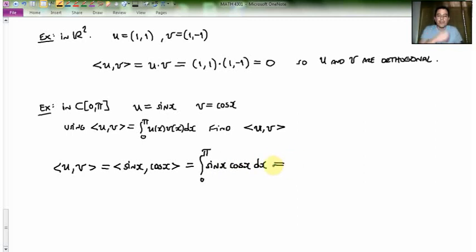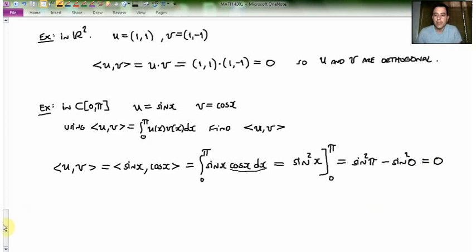And this integral, okay, this is already the derivative of that. So this would be sine squared x from 0 to pi. So this is sine squared pi minus sine squared 0, which is 0.